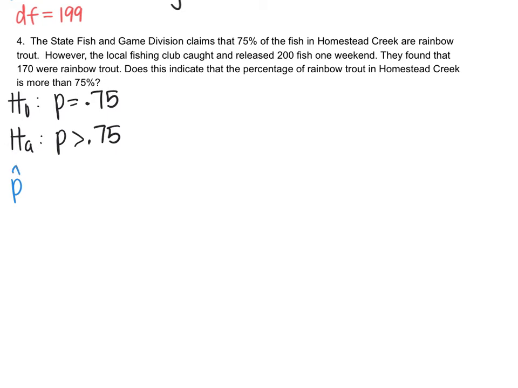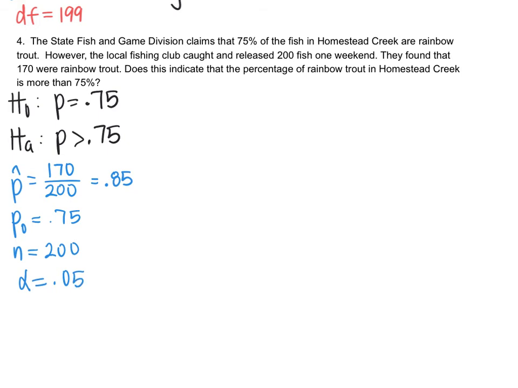So our sample proportion is going to be 170 out of 200, which is 0.85. P naught is the 0.75. N is 200, and because we're not given a specific alpha, we use 0.05.